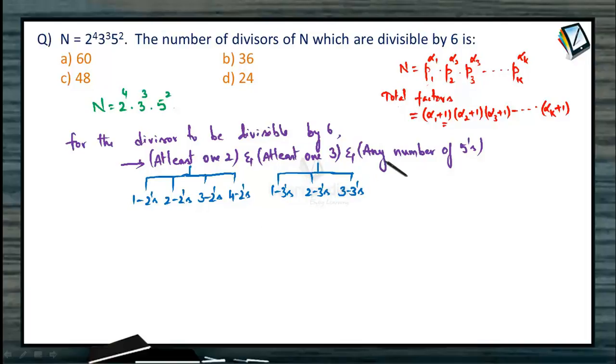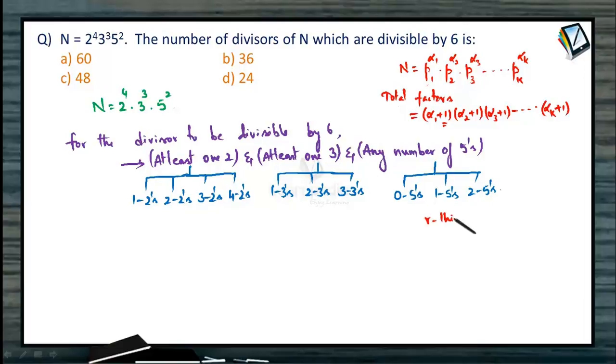Now similarly, when we write any number of 5's, there are 2 such 5's available, so we may not include any 5 in the combination, because the number 5 need not be included in the divisor, or there could be 1 5 included, or all the 2 5's included. Then the divisor formed will be definitely divisible by 6.